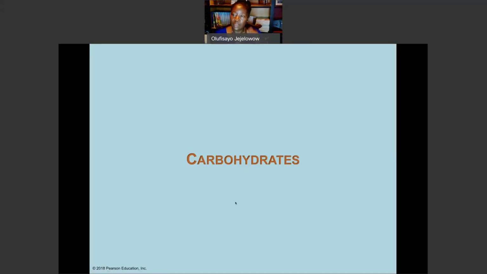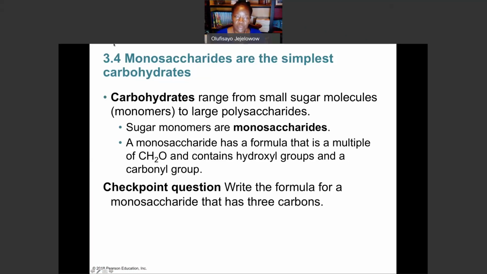Now let's take the different important classes of biological molecules. We look at carbohydrates first. As the name suggests, they are made from carbon, hydrogen, and oxygen, usually in the ratio of 1 carbon to 1 H2O, so CnH2nOn.